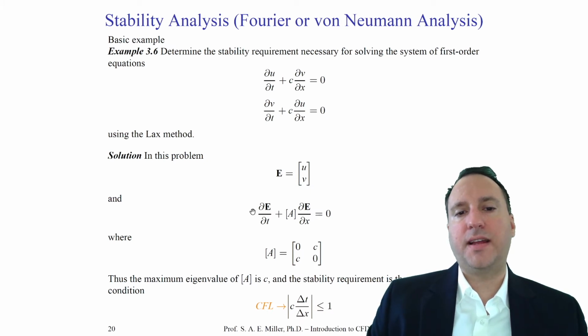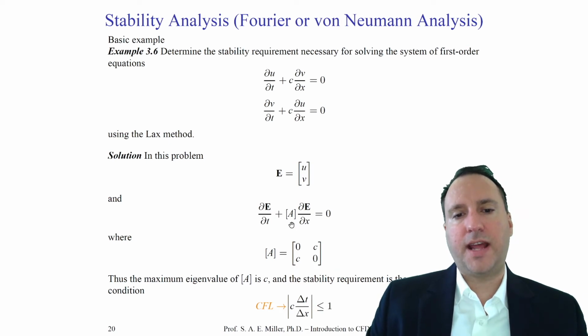We'll write it as partial E partial t plus the matrix A times partial E partial x equals 0. What we haven't done is found the matrix A. Of course, it can be found simply by looking at the coefficients of the system of equations. We can see clearly that A should be [0, c; c, 0], where c is a constant coefficient.